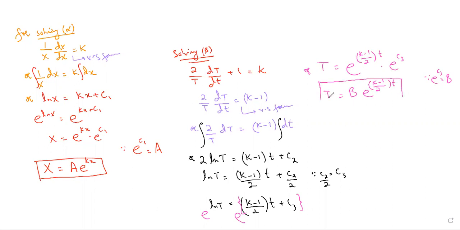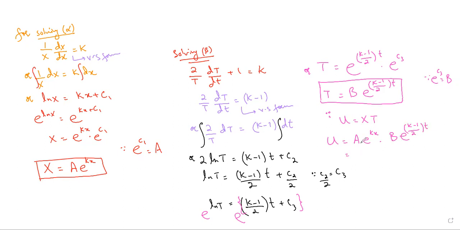What was our initial supposition? We have supposed U is equals to capital X into T. So U can be written as the solution of X, that is A into exponent of kx, times the solution of T, which is B into exponent of (k minus 1) divided by 2 into t.